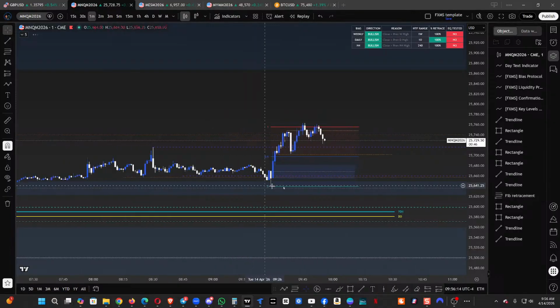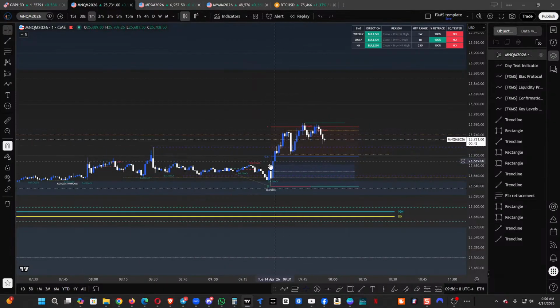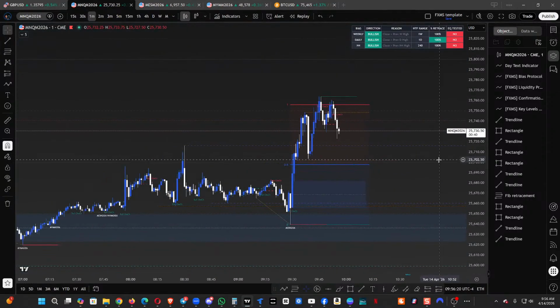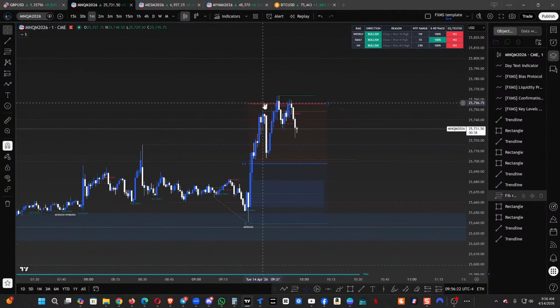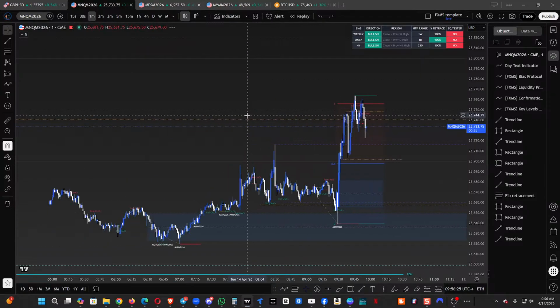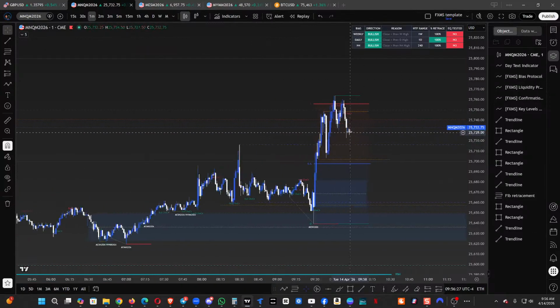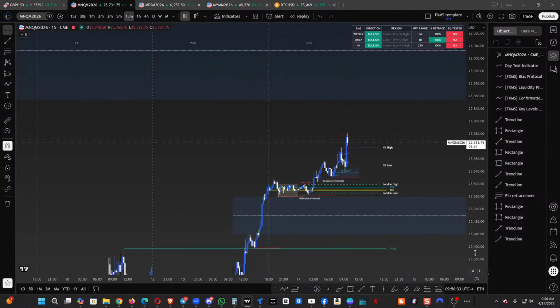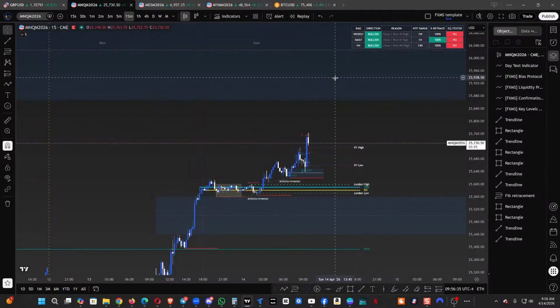So what are we looking for? We're looking for price to create, like I said, liquidity, right, into our point of interest here, right? Now, because we've already taken out our target for today, right, we have to assume that there's potentially going to be a reversal here. But if we are going to continue higher, like I said, if the idea is that we're going to go higher up in here, right, then we should see price come back and go higher.